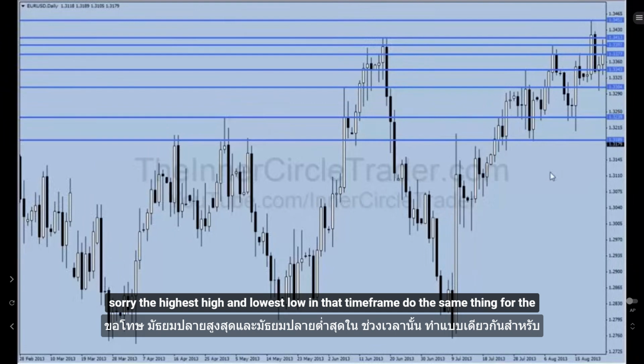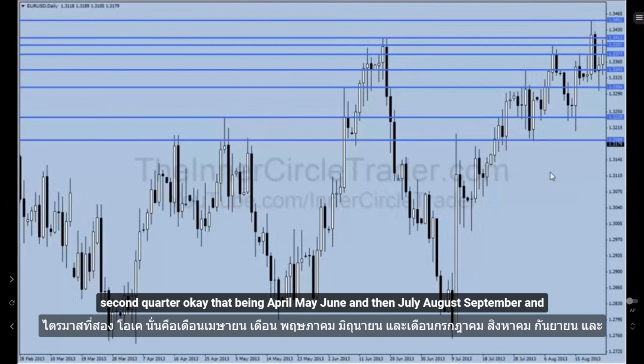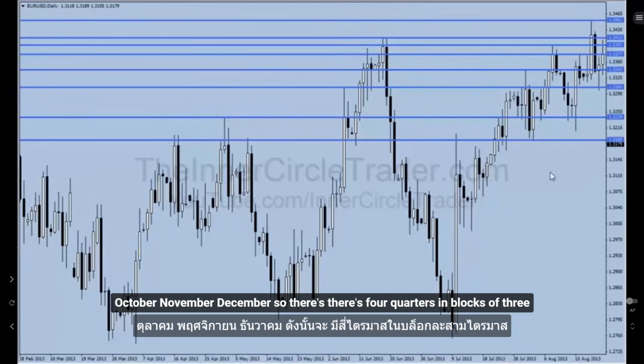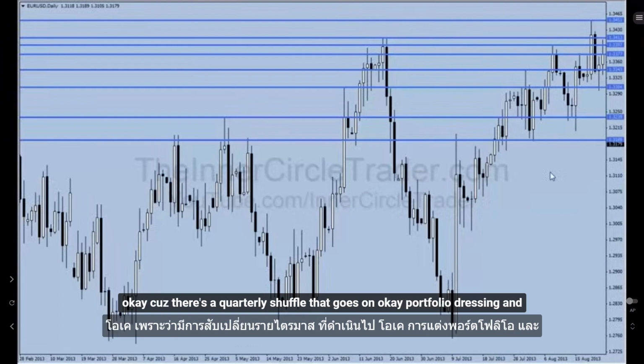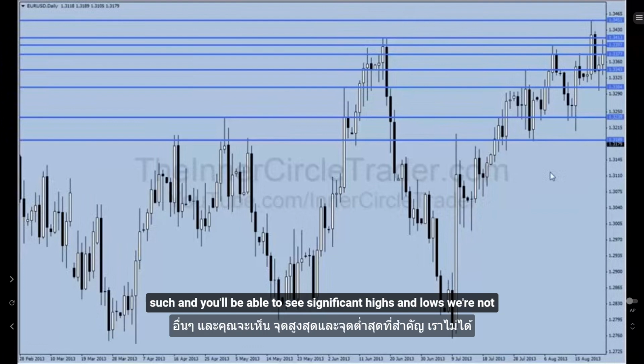Do the same thing for the second quarter, that being April, May, June, and then July, August, September, and then October, November, December. So those 4 quarters in blocks of three, because there's a quarterly shuffle that goes on, portfolio dressing and such, and you'll be able to see significant highs and lows.